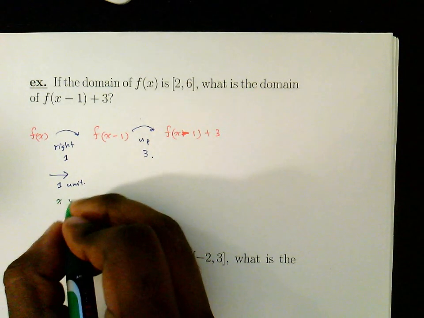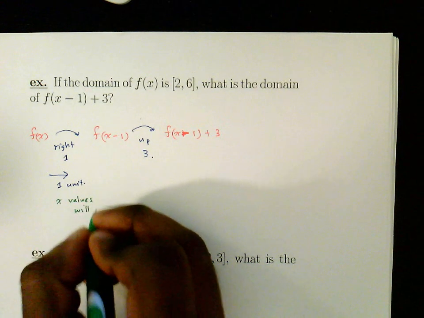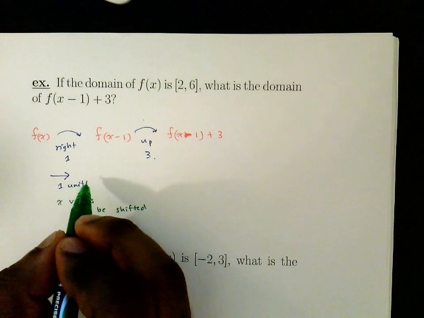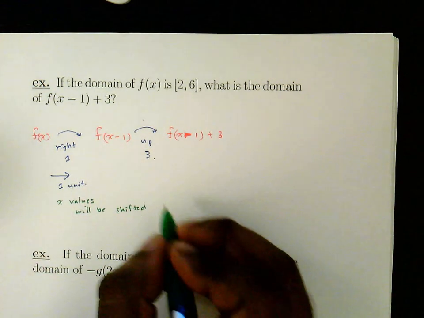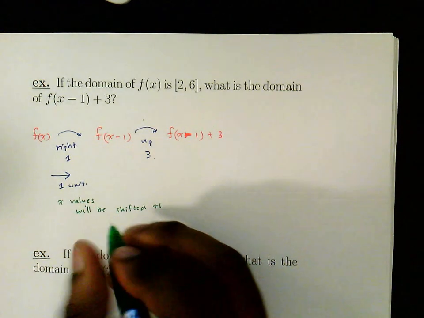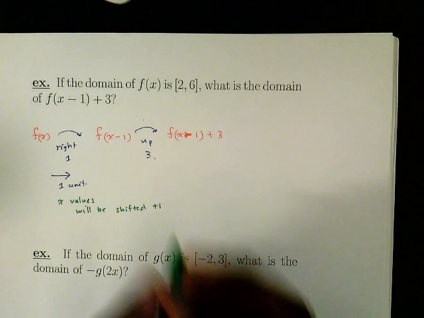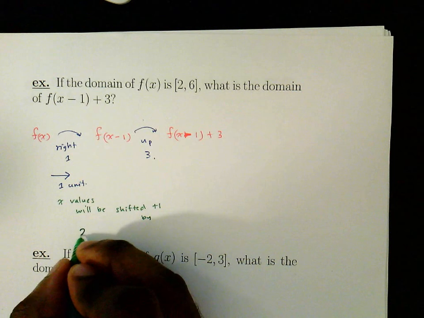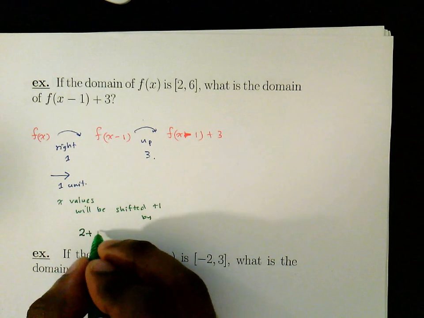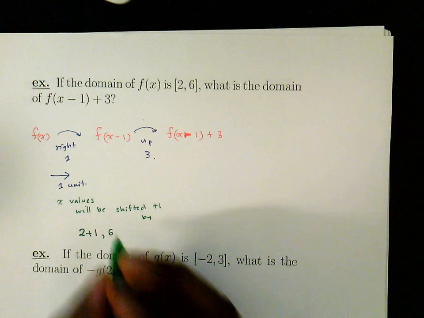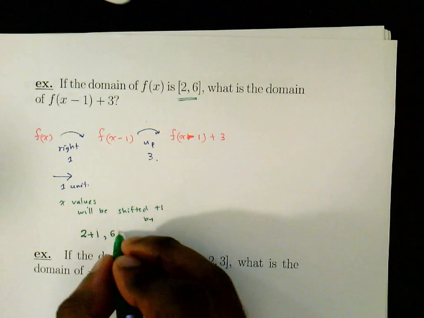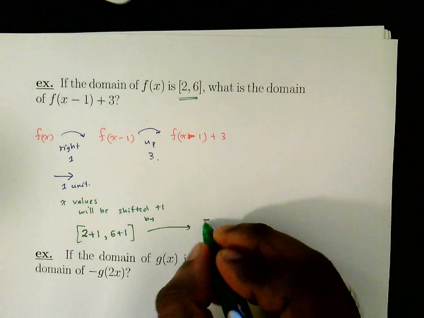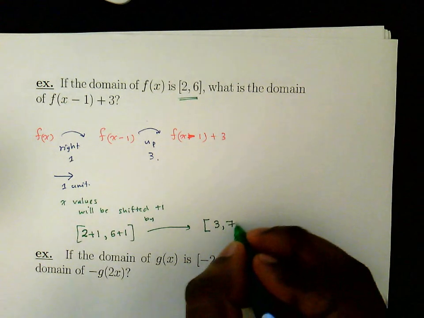So the x values will be shifted. Now think of the movement that's that way, which means the x value should be shifted by plus 1. Okay, that completes the sentence. So if the original x value 2 would shift by 1, the original x value 6, the domain would shift by 1. So the new domain would be, in this stage, 3 and 7.